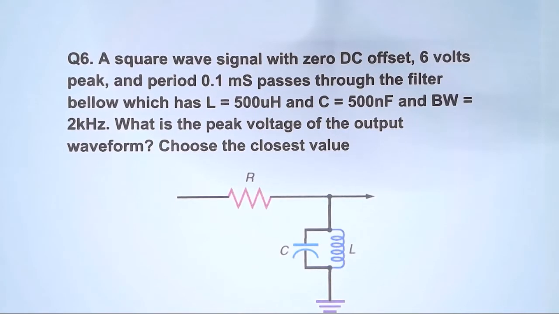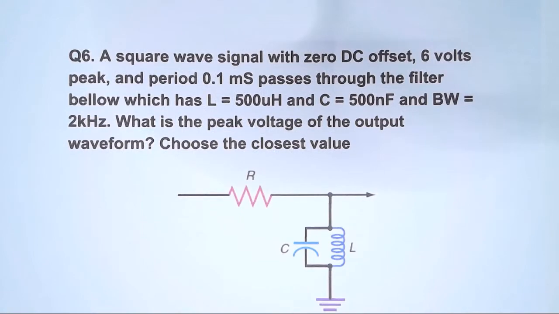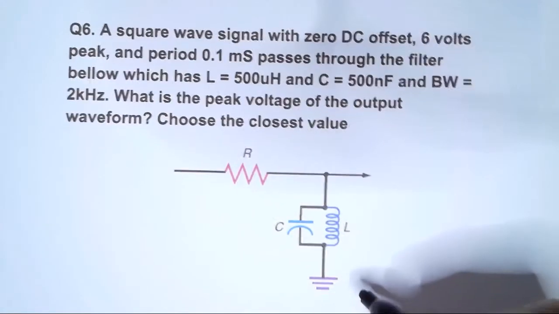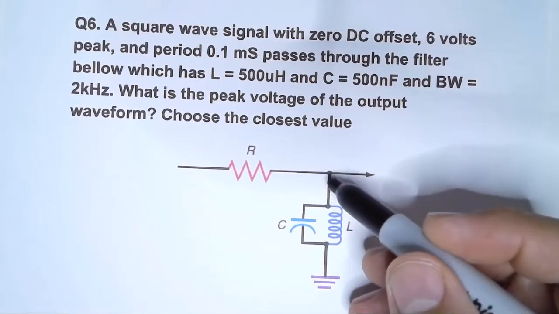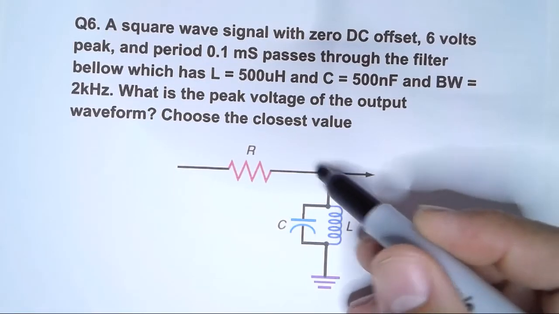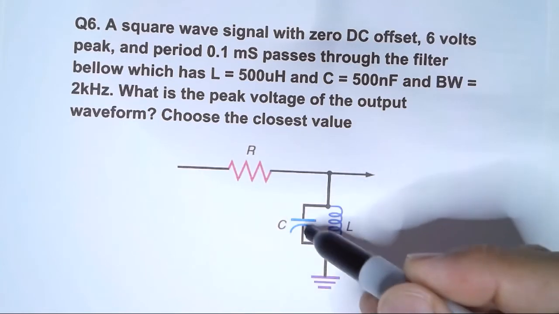So we need to find out. It helps to find out what kind of filter this is. If we look at the filter, we see that at DC some frequencies are blocked.